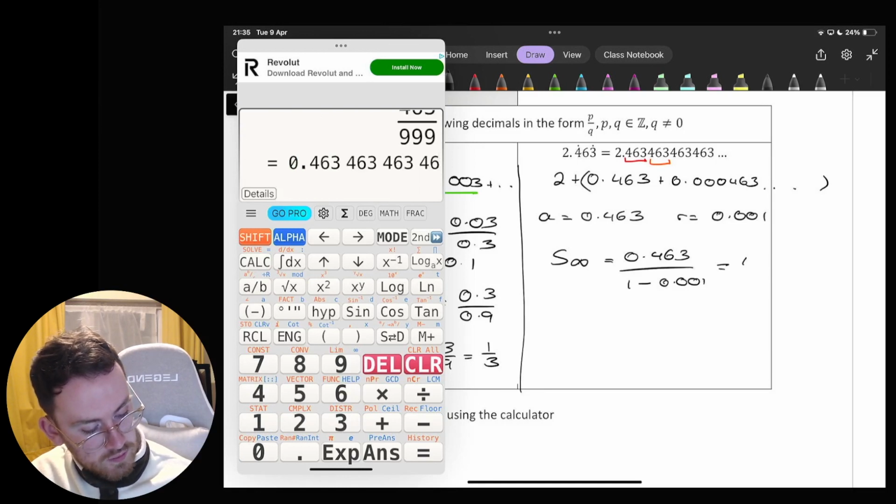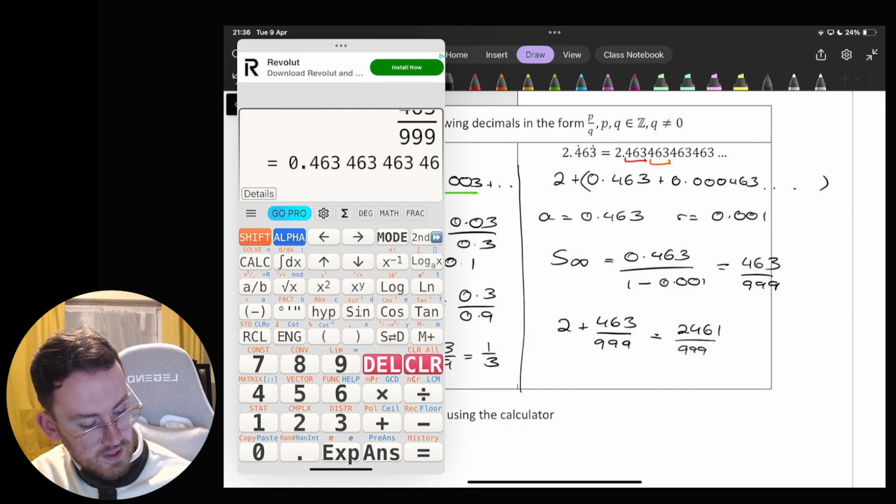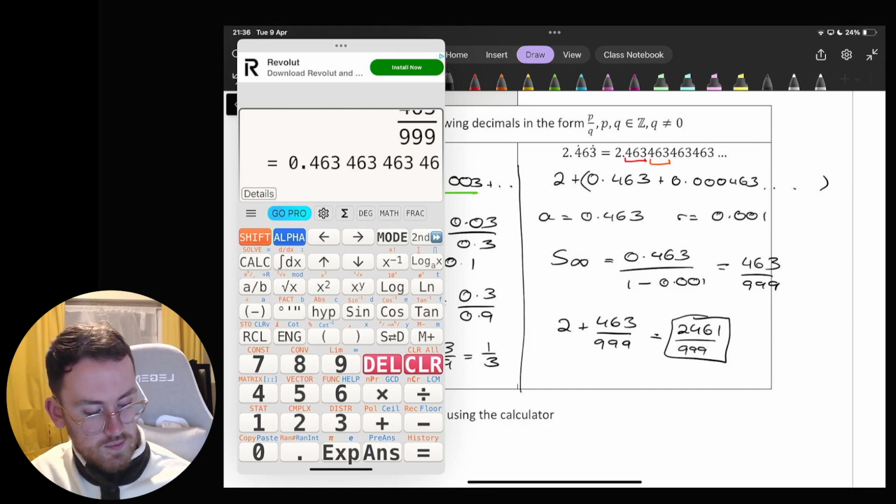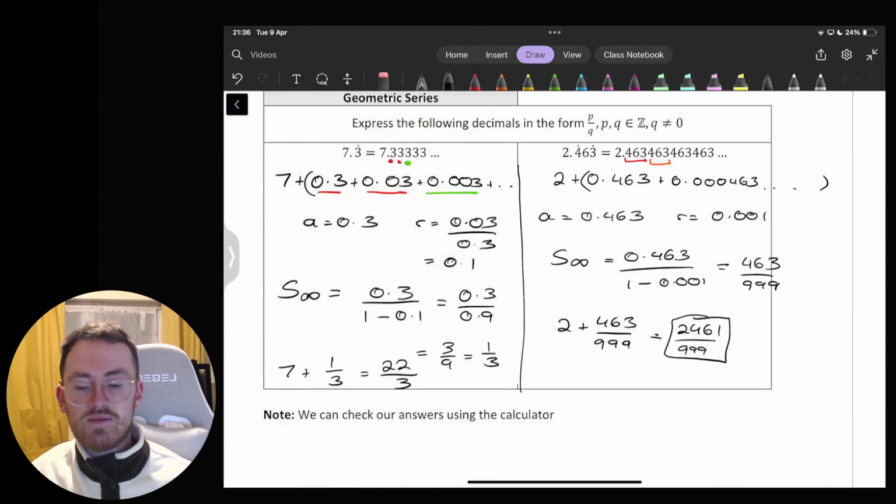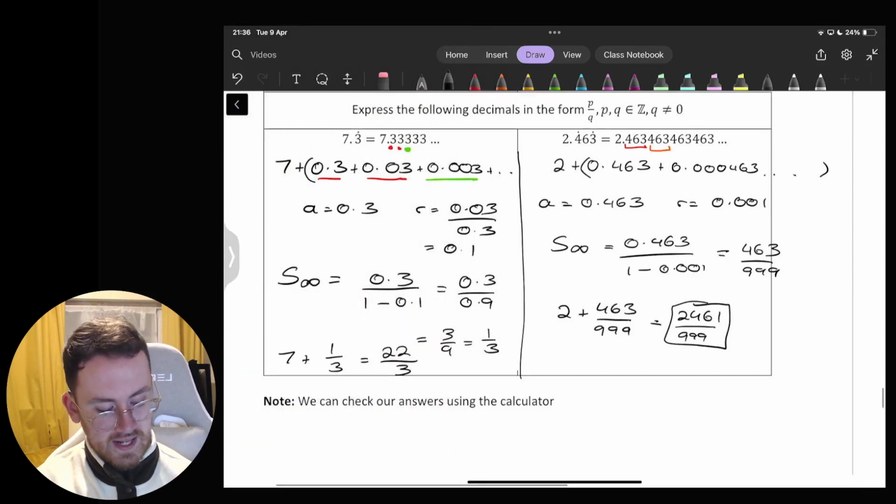Okay, which is going to give me 463 over 999, and adding that on to 2 then, it's going to give me an overall answer of 2461 over 999. That's my recurring decimal. And again, we can check that as before. If you type it into your calculator, you'll get that overall answer result here.